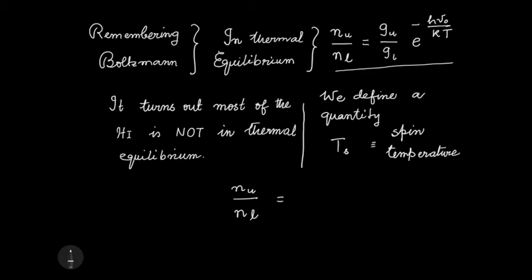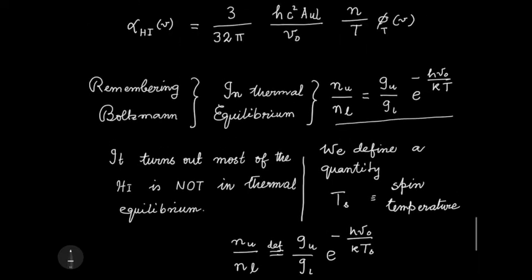You say that, well, even if it is not in thermal equilibrium, there will be some number density in the upper state, some number density in the lower state. I can just write their ratio in terms of Ts in the following way. This Ts is not the physical temperature. It will be physical temperature only when there is thermal equilibrium. But all the other time I can define Ts by this expression.